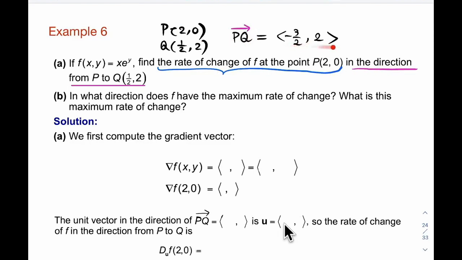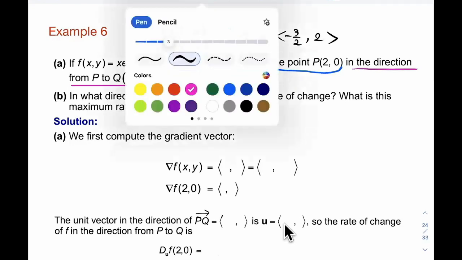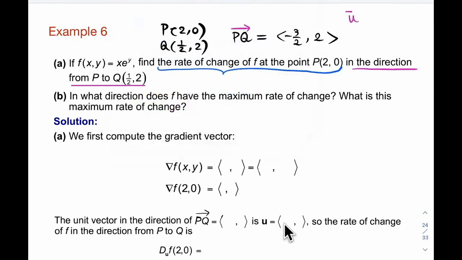Is this a unit vector? It's not a unit vector. How can I make this a unit vector? We figure out this u. u is equal to this vector divided by its magnitude.